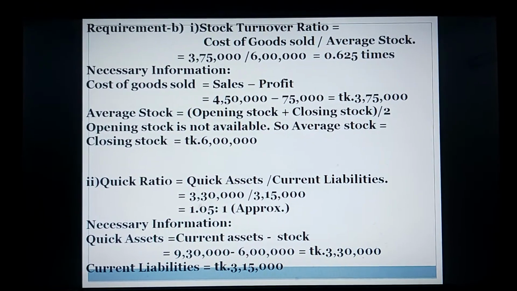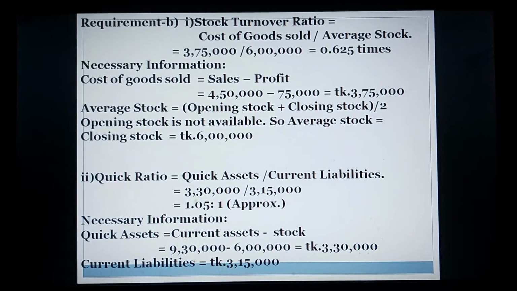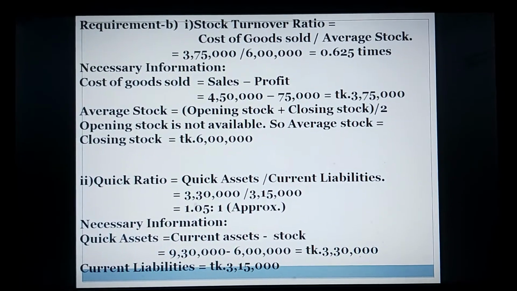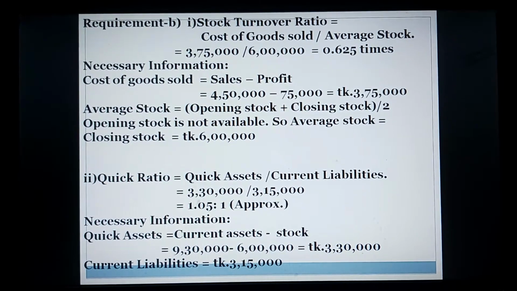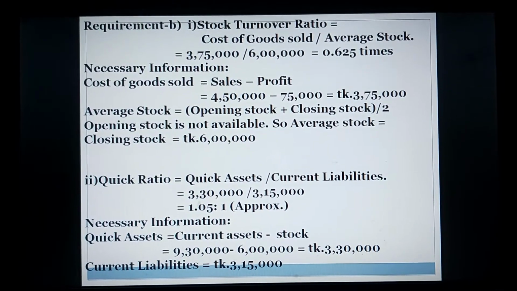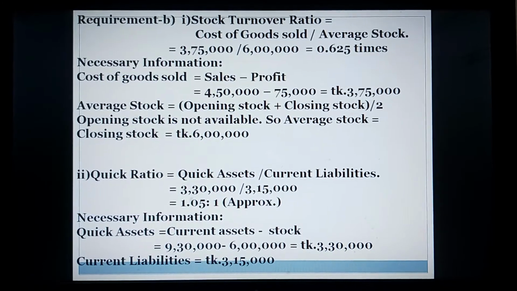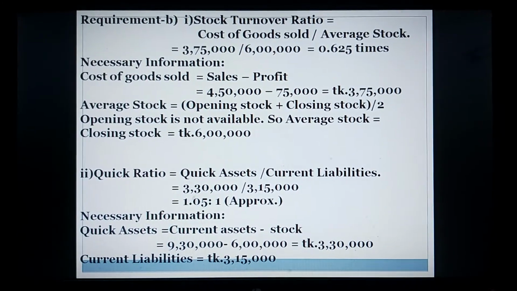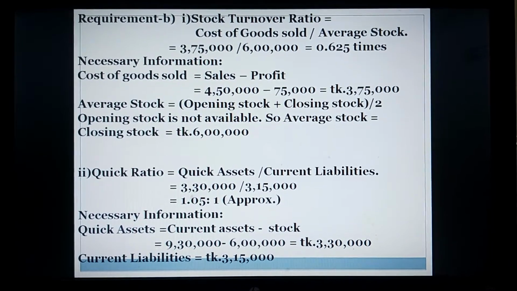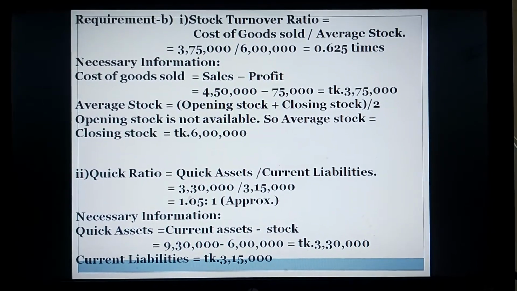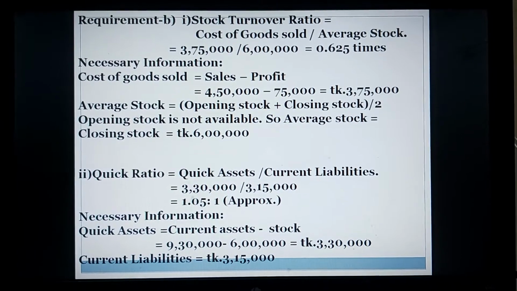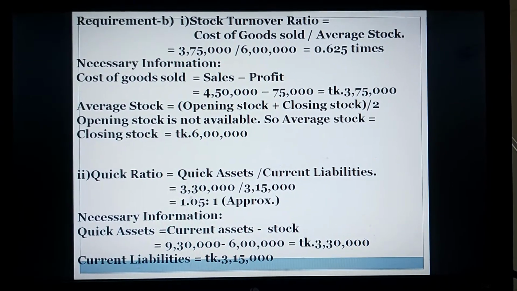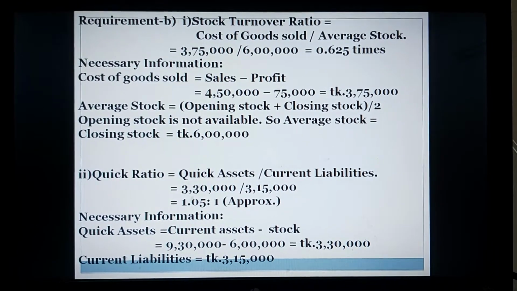Okay, requirement B, second part, quick ratio, that is liquid ratio or acid test ratio. Quick ratio or acid test ratio is equal to quick assets divided by current liabilities. Quick assets is not available in this math, but you can take necessary information for this. Quick assets is equal to current assets minus stock and prepaid expenses, but in this math prepaid expenses is unavailable.